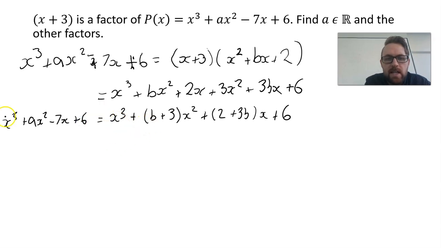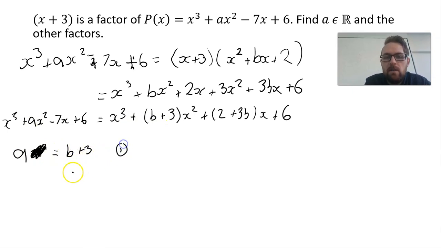So our x cubed is x cubed, that's fine. Now we only care about the thing in front of the x squared. So a equals b plus 3.